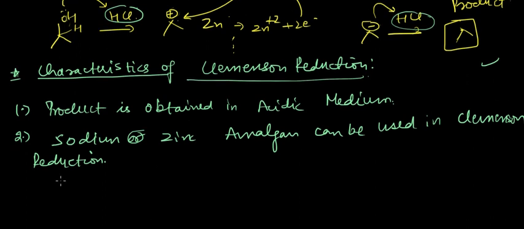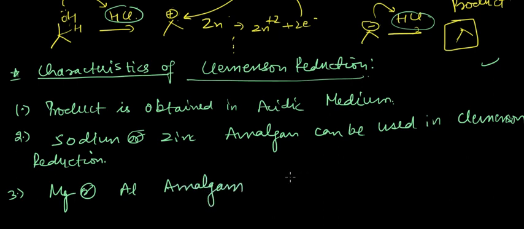Third point is magnesium or aluminium amalgam is used in pinacol formation, or in vicinal diol formation.